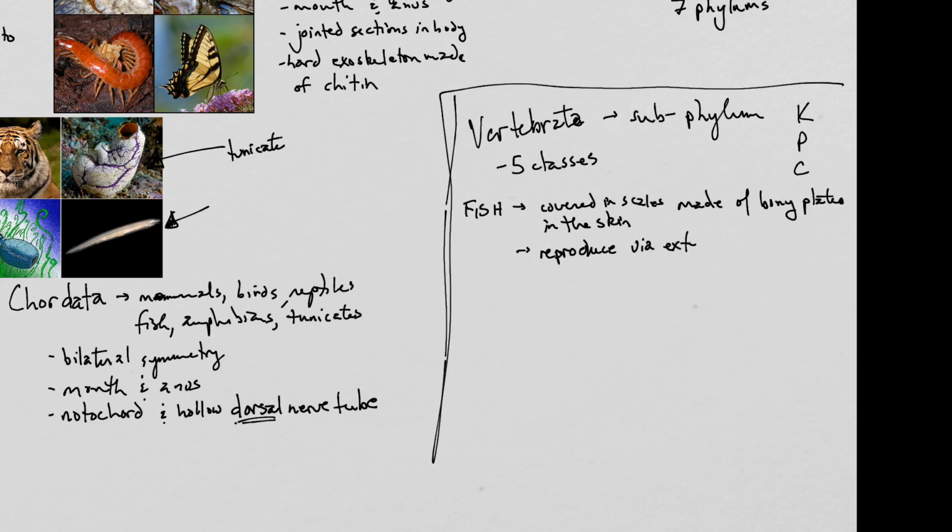That means the male doesn't deposit its sperm inside of the female. Instead, the eggs are laid on the outside of the female, and the male comes along and just deposits a bunch of sperm over the eggs, and that's how their fertilization happens.